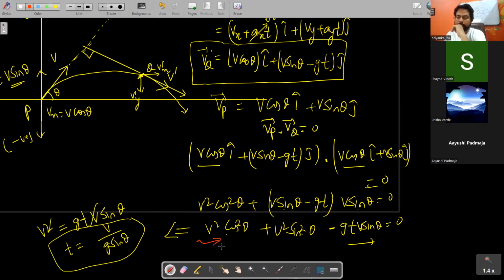See, you know one identity in trigonometry you must have studied, sin square theta plus cos square theta is 1, right? So you take V square common, you will have cos square theta plus sin square theta, that is 1. So this is V square minus this term gtV sin theta equal to 0. One term you take to the right side, so this will come here. V cancels and then t equals V by g sin theta.